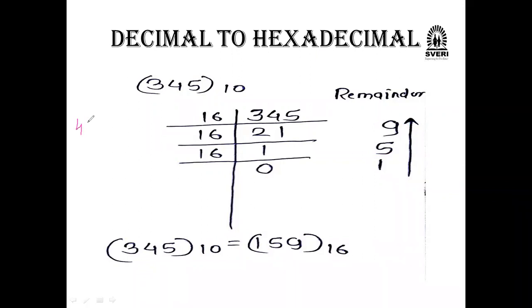423, I will write here. 4, 2, 3. You have to convert this into a hexadecimal number, base 16. 423 divided by 16. 1107?